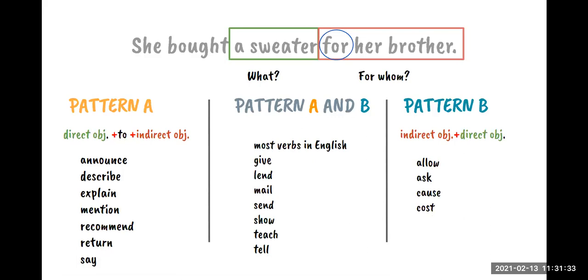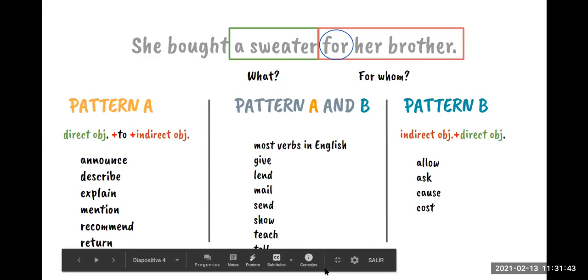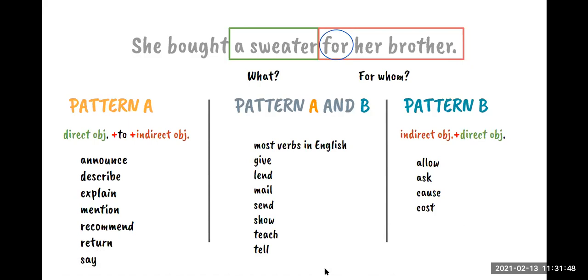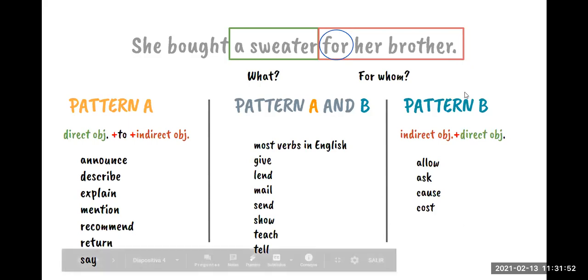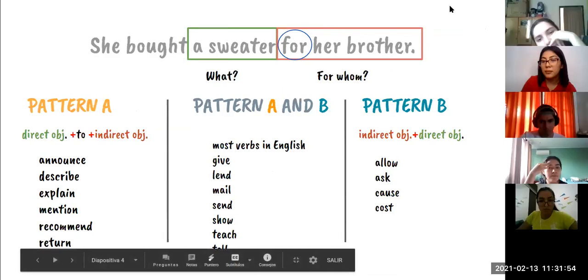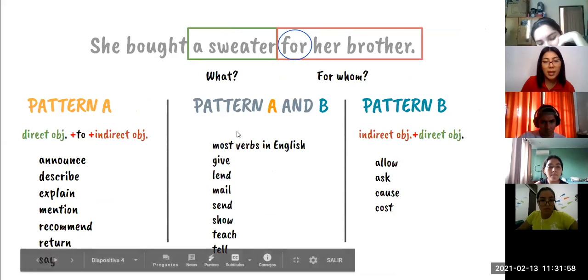And if possible, do both sentences with pattern A and pattern B. I'm going to give you some minutes so you can write your sentences. Any questions about the task? Try to follow the pattern that we have here with any of the verbs that we have here.